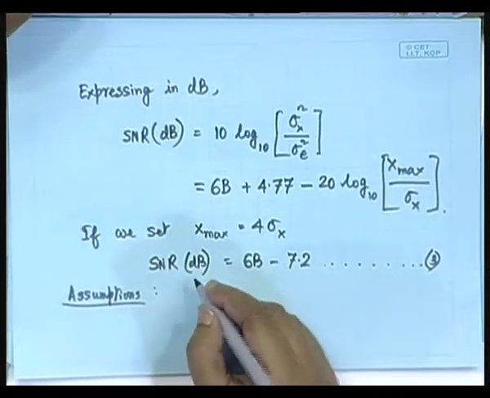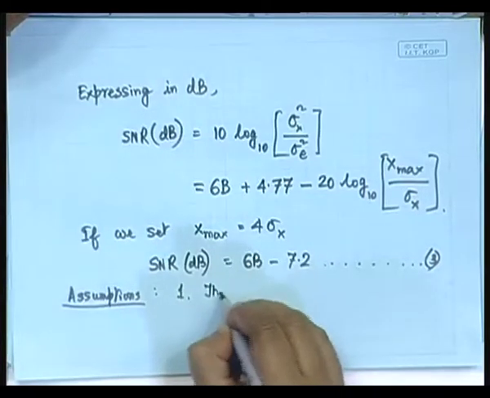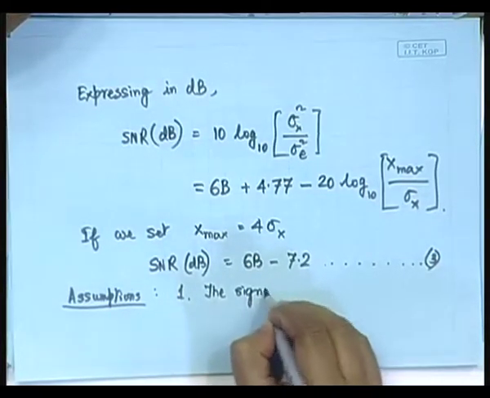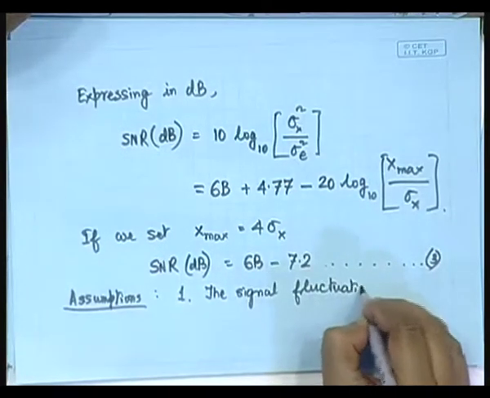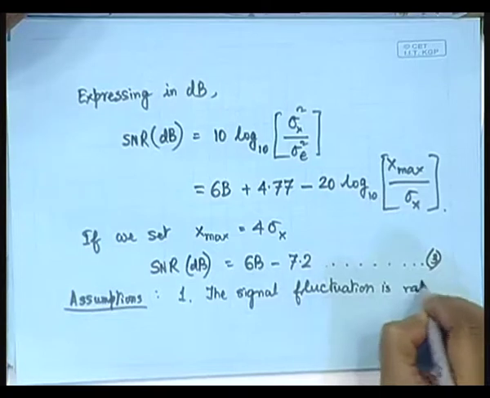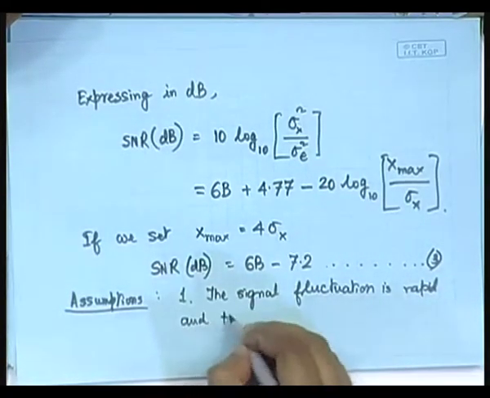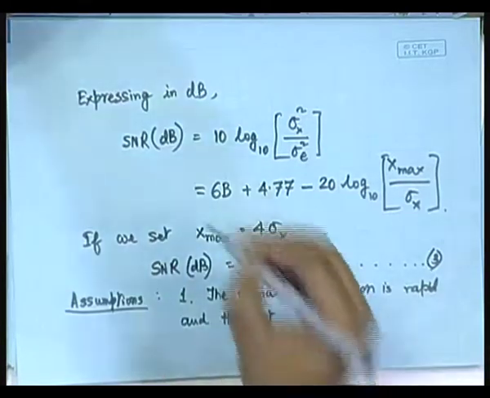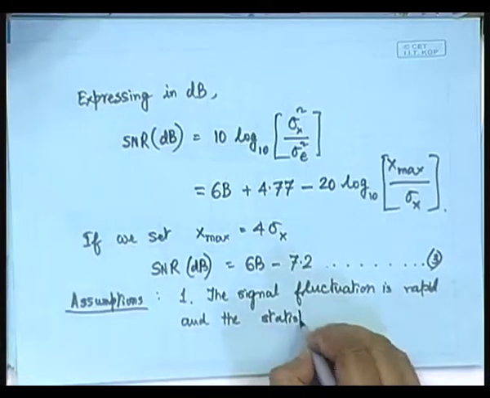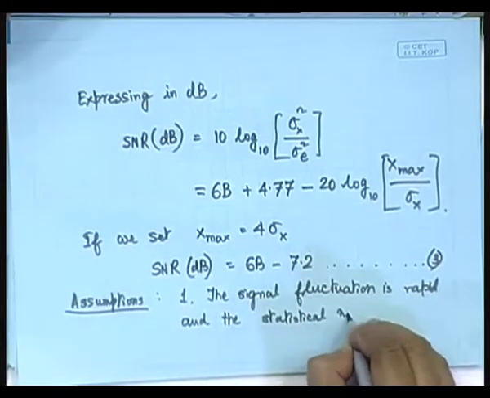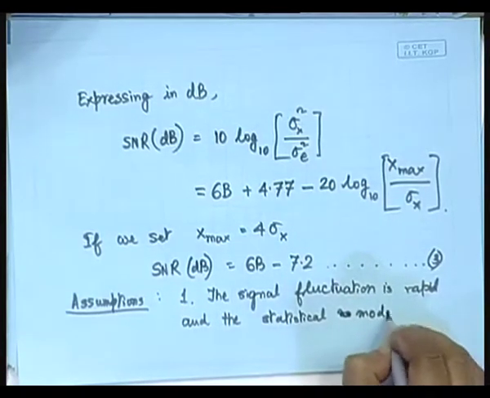First is that the signal fluctuation is rapid, and that is why the statistical model of noise, those three assumptions which we already stated, is valid.